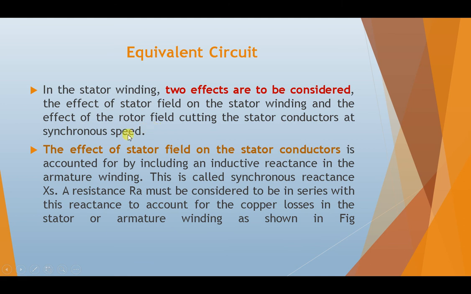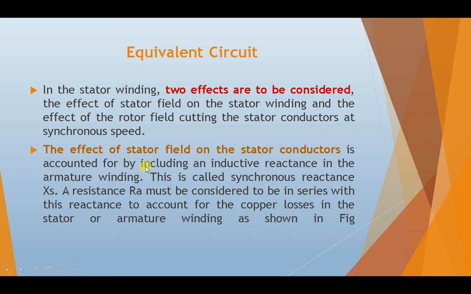So first of all, the effect of the stator field on the stator conductor is accounted for by including an inductive reactance in the armature winding. This is called synchronous reactance XS. A resistance RA must be considered to be in series with this reactance to account for the copper losses in the stator or armature winding.